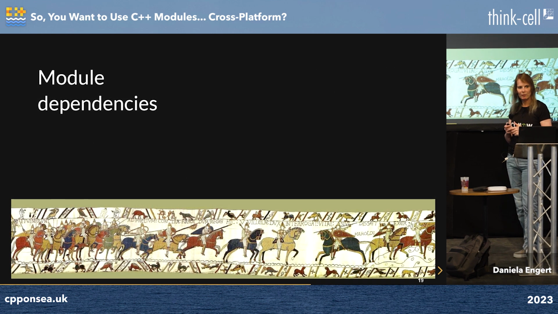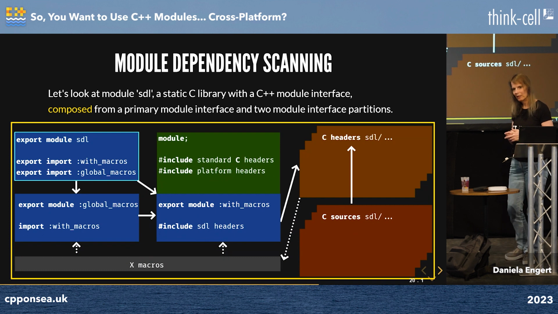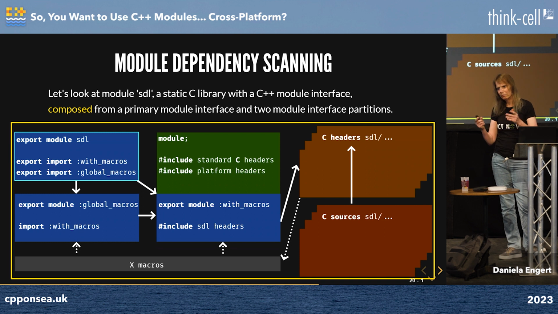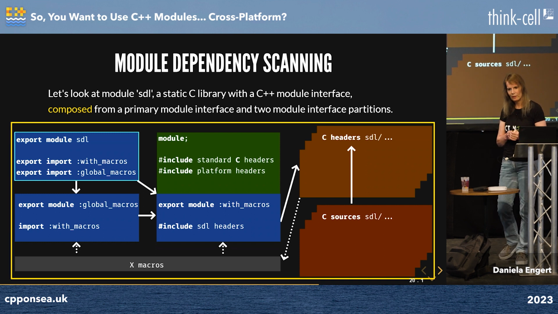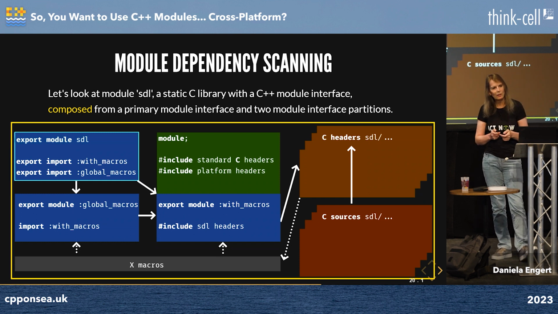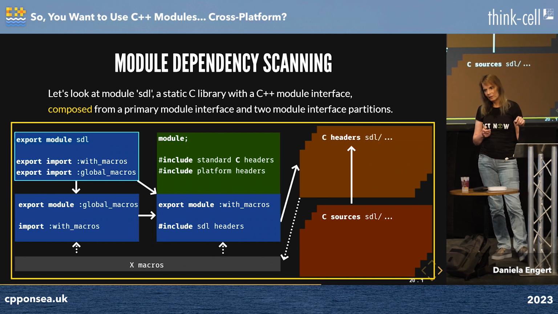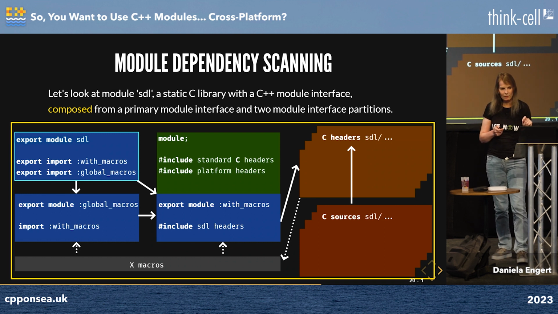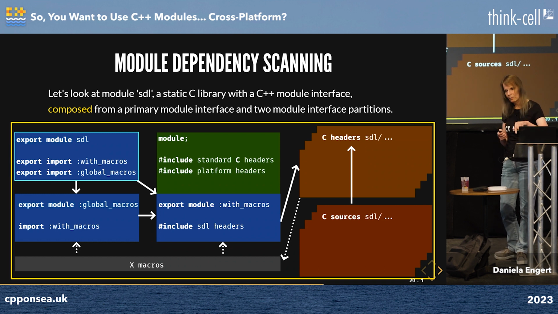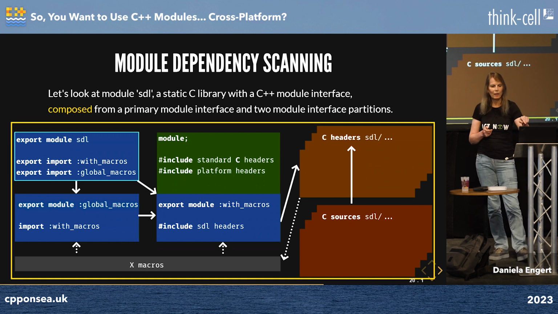Let's talk a little bit more about module dependencies. And here take, for example, another module that I'm going to use. And this is the probably well-known SDL library. To make it a module, I had to go with a composite interface that contains the primary module interface unit that imports and re-exports 3 module interface partitions, and one of them imports the other one to implement the interface.